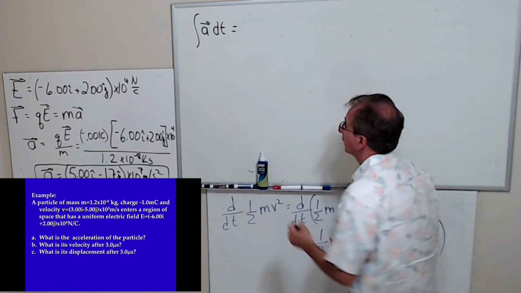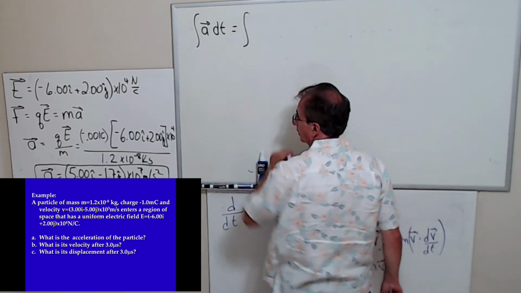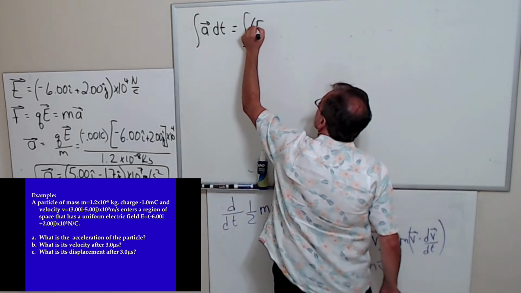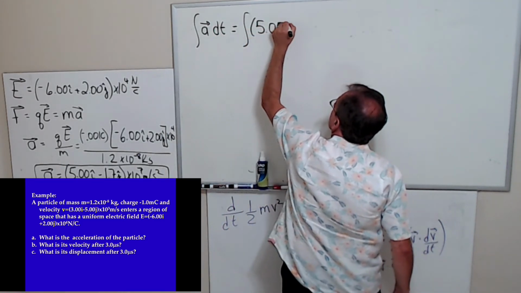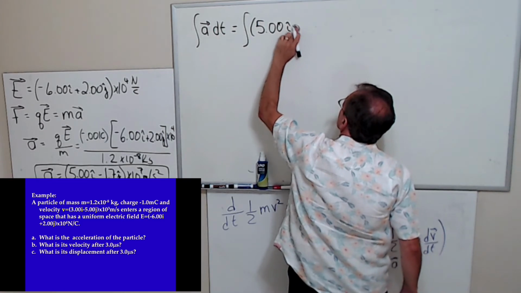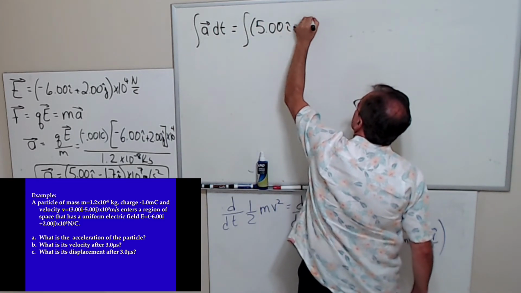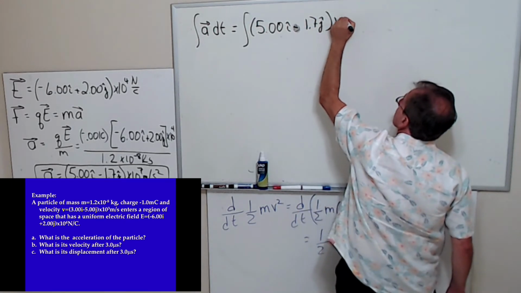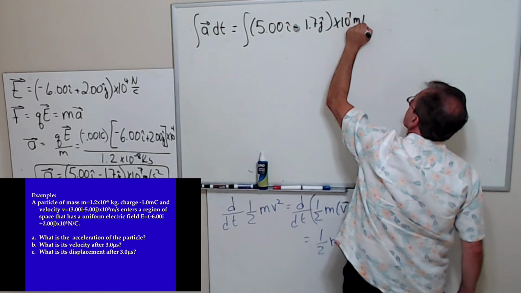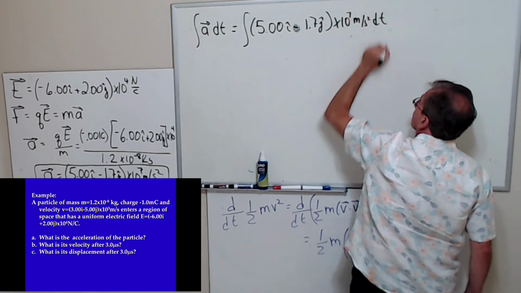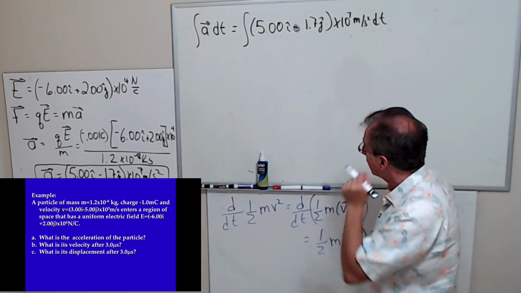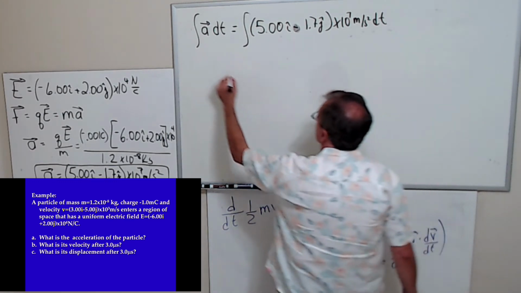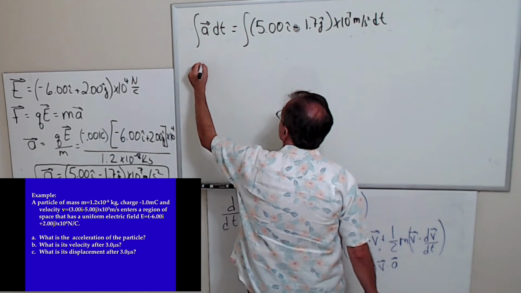And when I do that, I'm going to get the integral of this function. And of course, when I integrate, I'm going to get the constant of integration, which will be the initial velocity. So the integral of a dt is v.